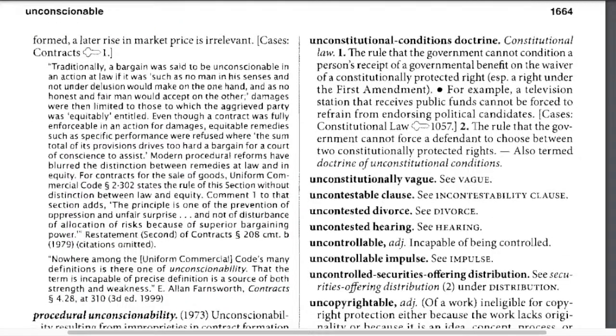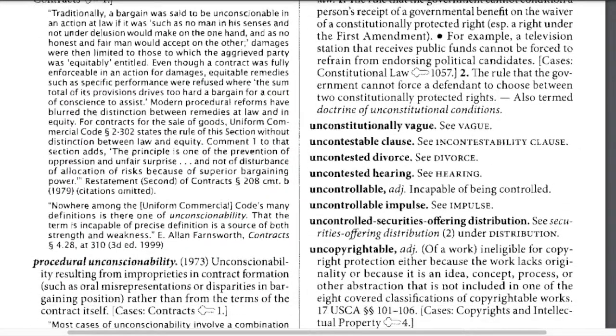All right, so let's read this here really quick. Traditionally, a bargain was said to be unconscionable in an action at law if it was such that no man in his senses and not under delusion would make, on the one hand, and no honest and fair man would accept on the other.